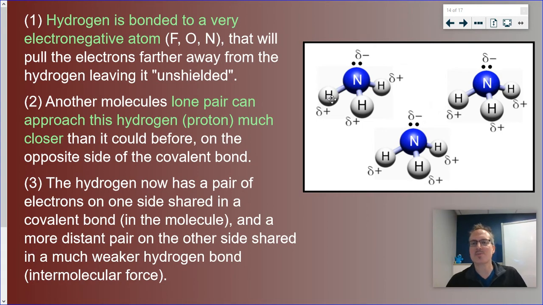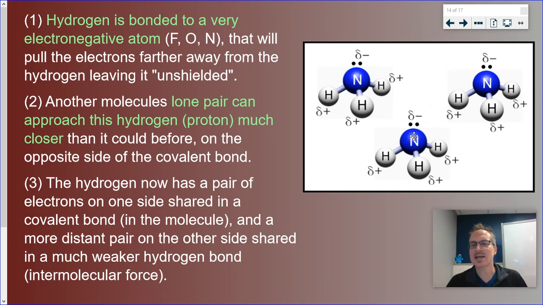The reason this is so important is that when another ammonia molecule is around, the negative electrons of this nitrogen will be able to get in closer than they normally should be able to that hydrogen, right? Because if you think about it, the hydrogen's electrons are pulled close to this nitrogen, which means he's not repelling anybody.